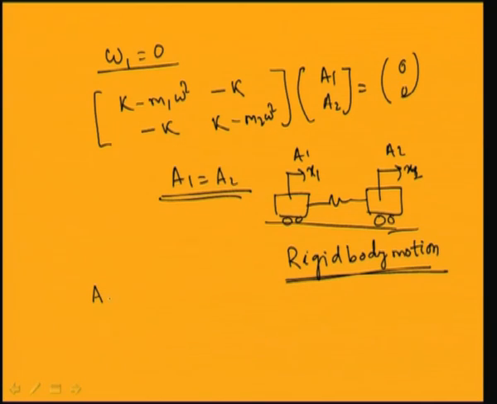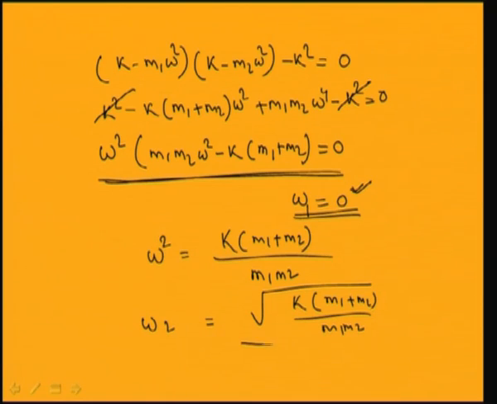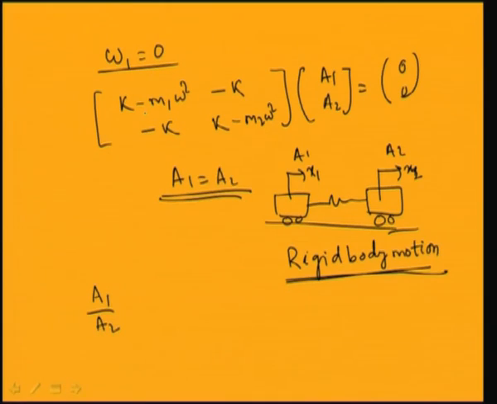So a1 by a2, if you substitute this value of omega 2, then omega square will be equal to k into m1 plus m2 by m1 m2. If you substitute in this equation, this equation gives k minus m1 omega square a1 equal to k into a2. So a1 by a2 becomes k by k minus m1 omega square.